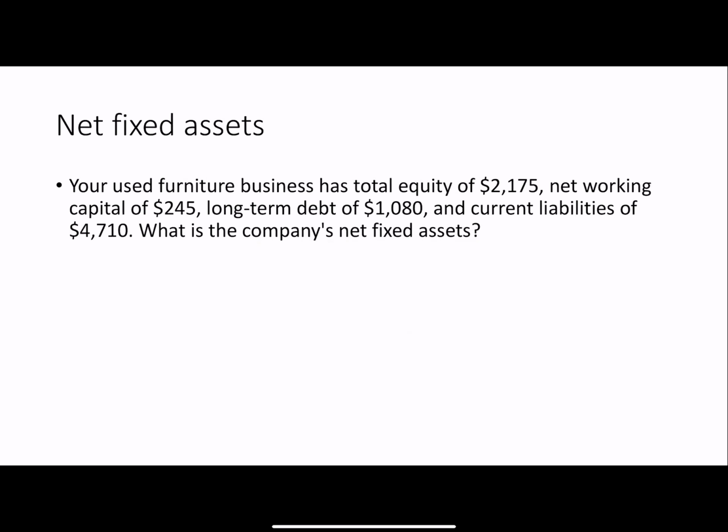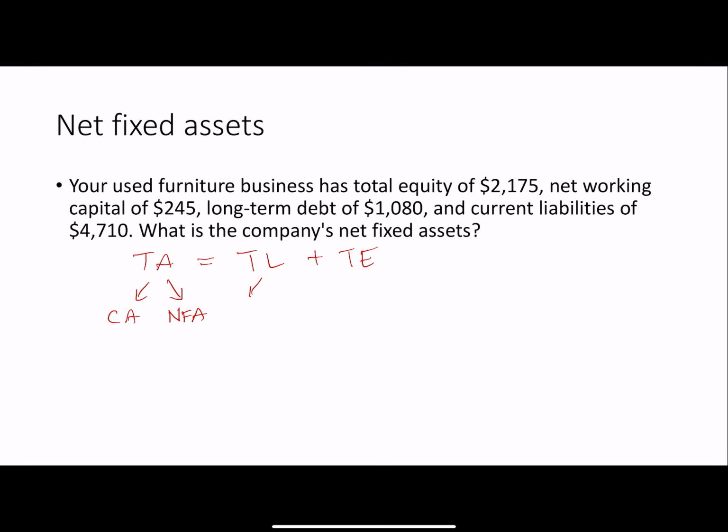All right, so let's start with our balance sheet identity, which says total assets is equal to total liabilities plus total equity, right? And this can be further broken down into current assets and net fixed assets.